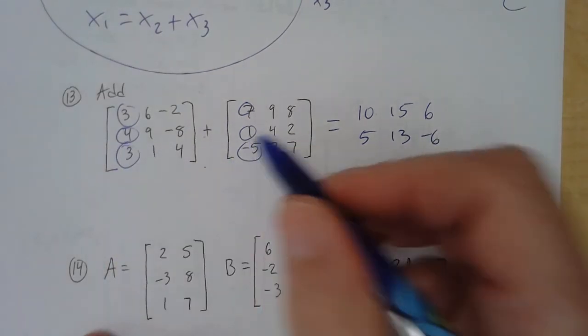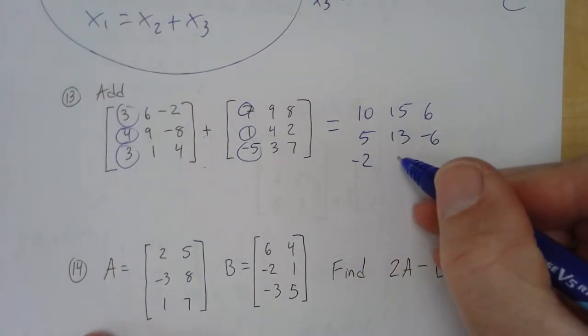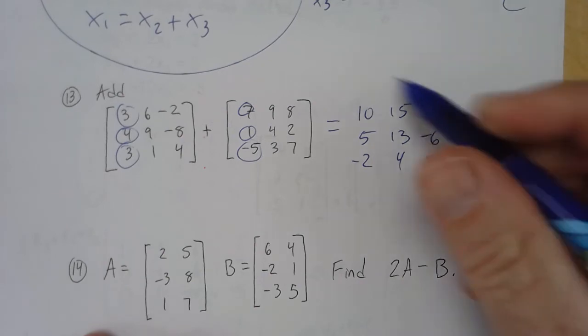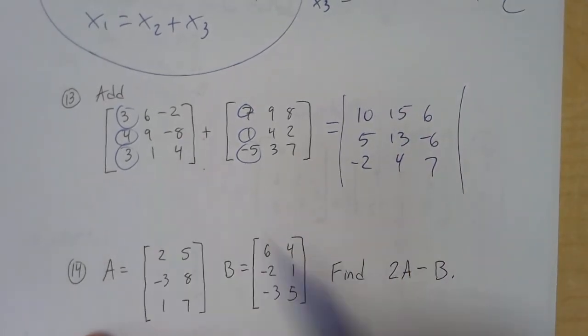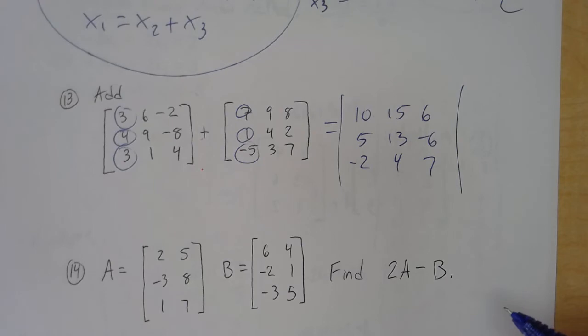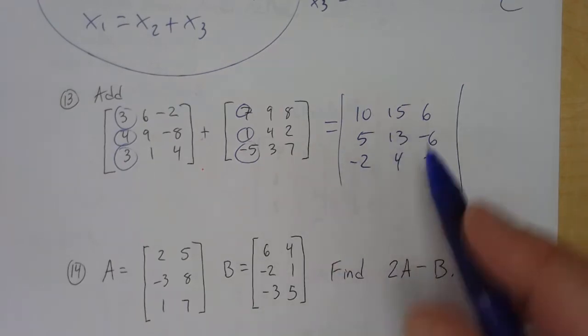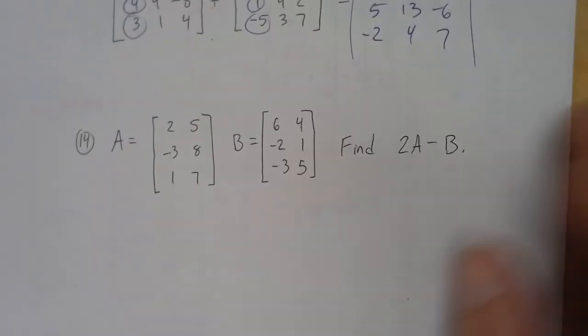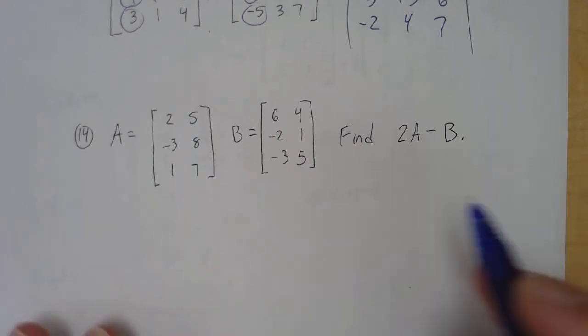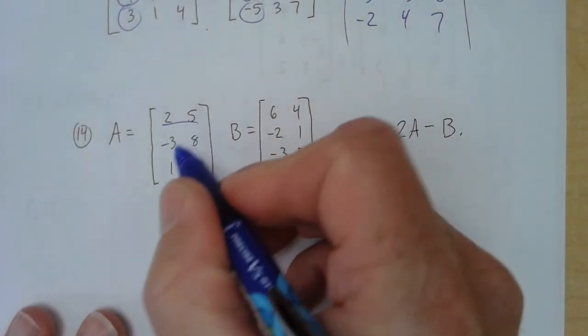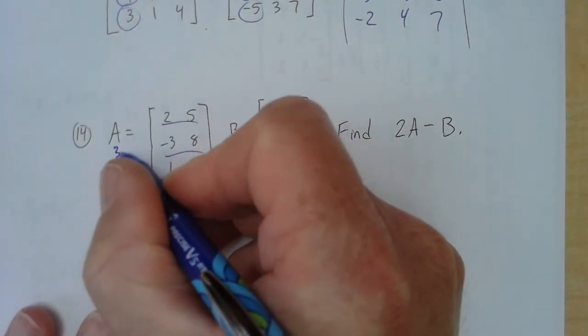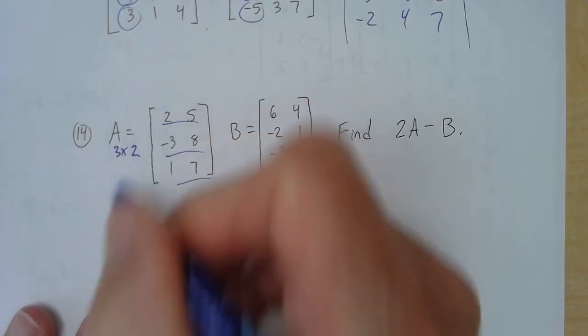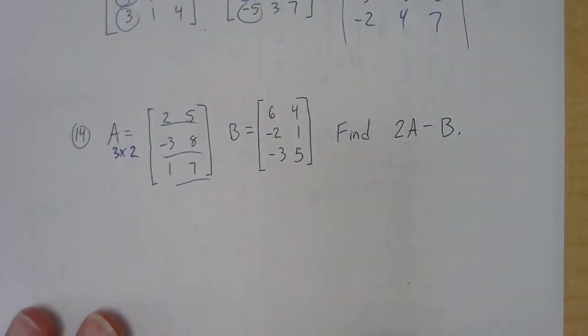If you add those together, that'd be negative 2, 4, and 7. So basically, the dimensions have to be the same. You just add together the corresponding elements. What are dimensions? Dimensions of this one is 3 rows by 2 columns. So it's a 3 by 2 matrix.